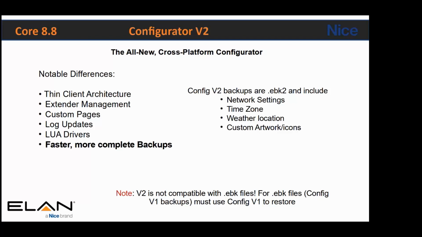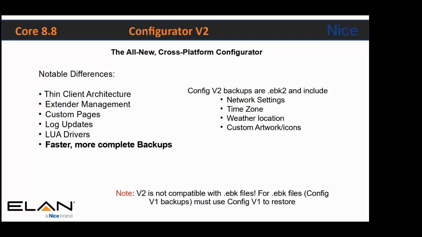Backups on V2 are much better. They save the network settings, the time zone, the weather, and any custom artwork or icons that you did. Now this is very important. 8.8 config V2 is only compatible with EBK2 files.